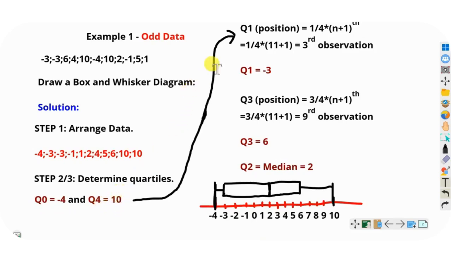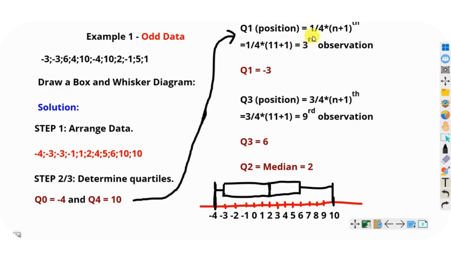For Q1, find the position first. It is the first quarter, 1 over 4. The formula is 1 over 4 multiplied by n plus 1, which gives us the position. N is 11 because we have 11 numbers, so it's 1 over 4 multiplied by 12, which is 12 divided by 4, equal to 3.